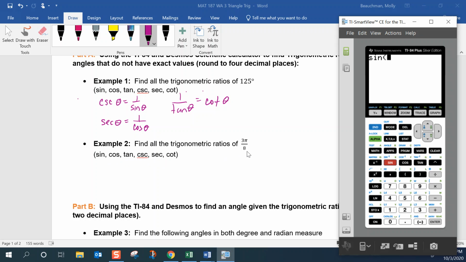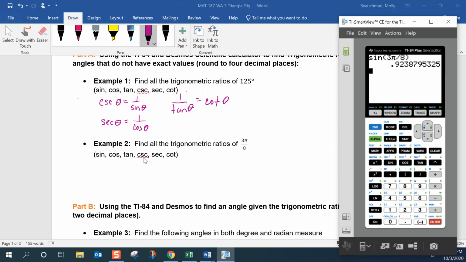So if we want the sine of 3 pi over 8, we would do sine of 3. The pi key is above the caret key. 3 pi divided by 8. So the sine of 3 pi over 8 radians is equal to 0.9239.